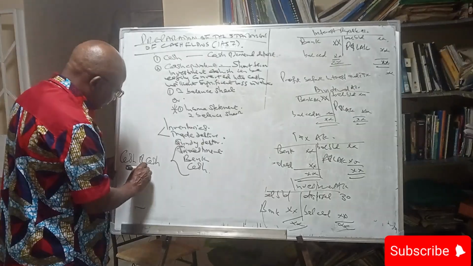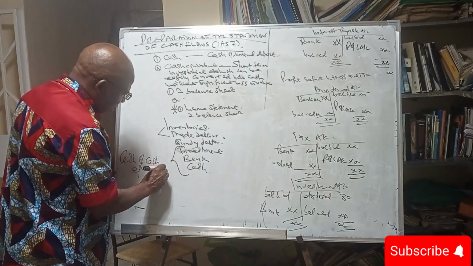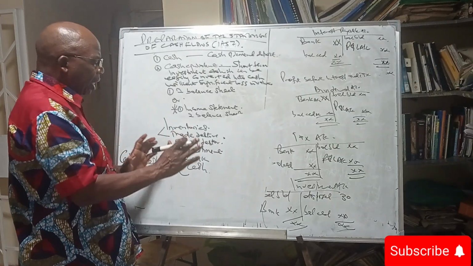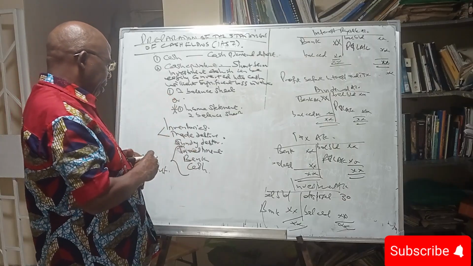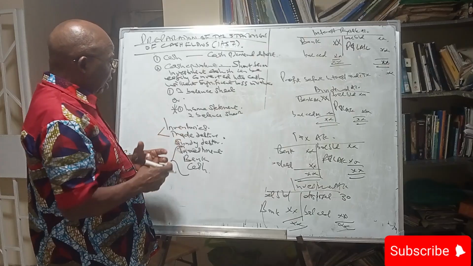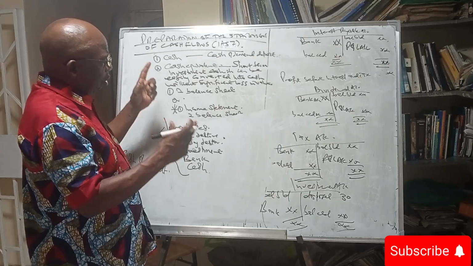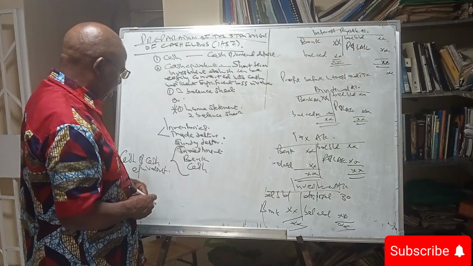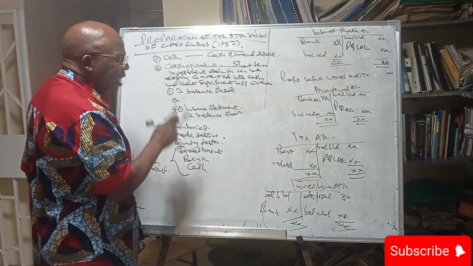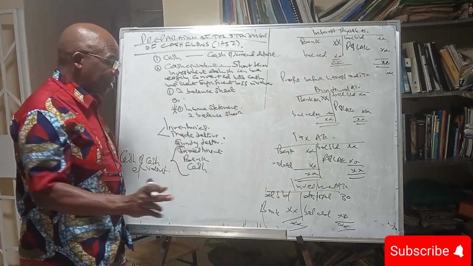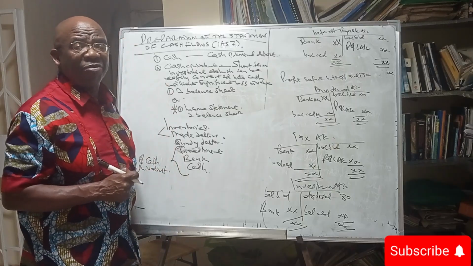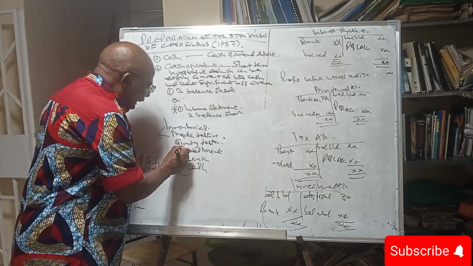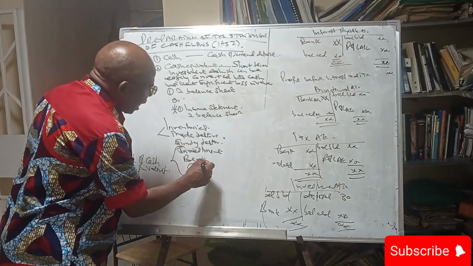And therefore, we do not look at the movement to take them in either working capital changes or operating or even financing activities. So the three of them, anytime you see investment above bank, it means that is cash equivalent. These ones are cash.